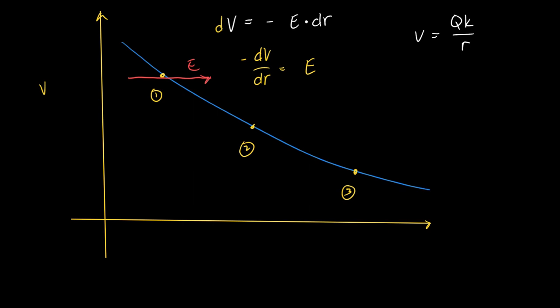At point 2, is the slope positive or negative? Negative. Is it greater than or less than the slope at point 1? Less. That indicates that the electric field is smaller than at point 1, but the direction of the electric field is still positive. At point 3, is the slope positive or negative? Still negative. But the electric field is going to be still pointing away, but smaller, because the slope is smaller.